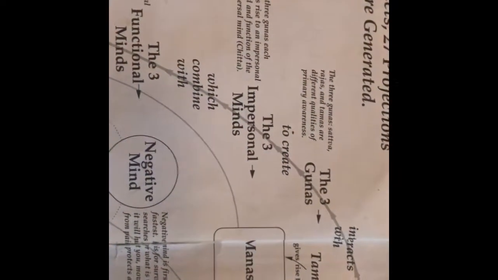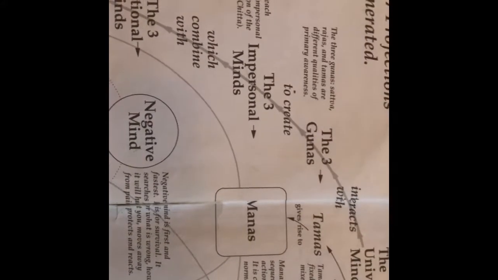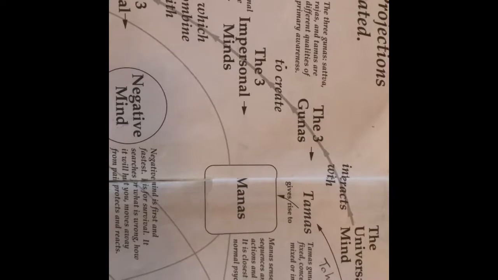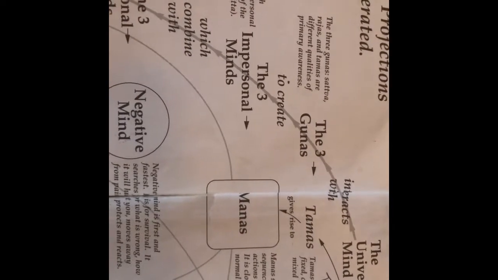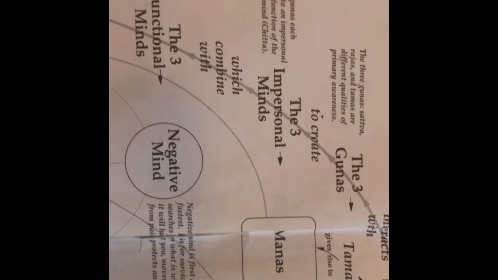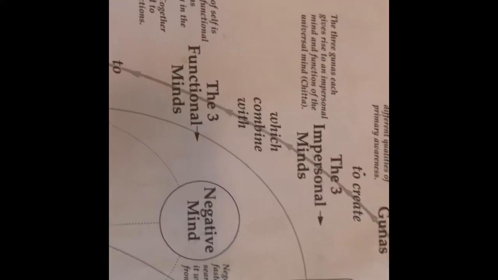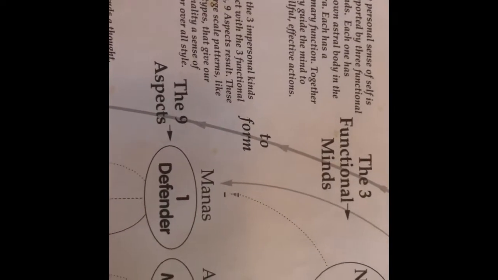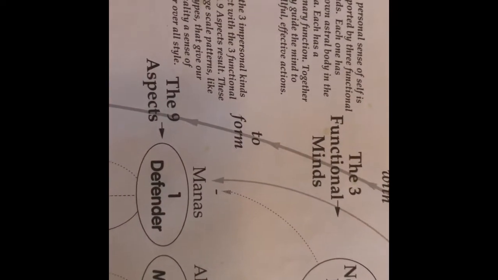So you've got tamasic energy to begin with, which associates with manas, or the mind. And so this exists on the level of the impersonal mind. So you can think about a deep subconscious urge here. And in the case of Hasta, this is material. And you keep following this down, and you get more tamasic energy.